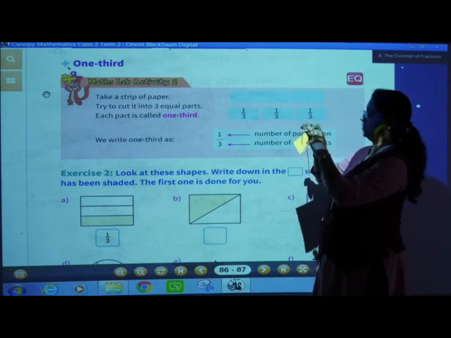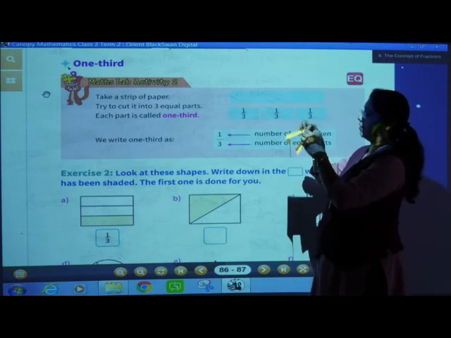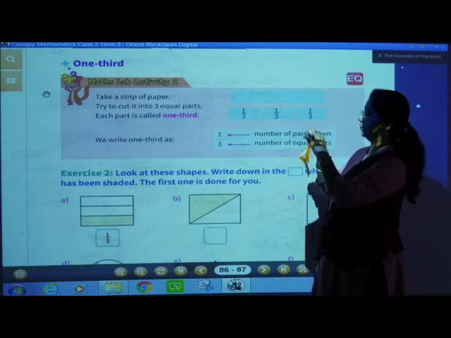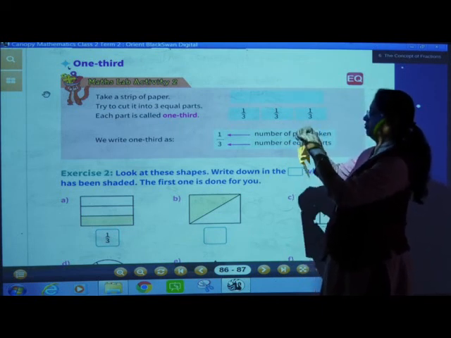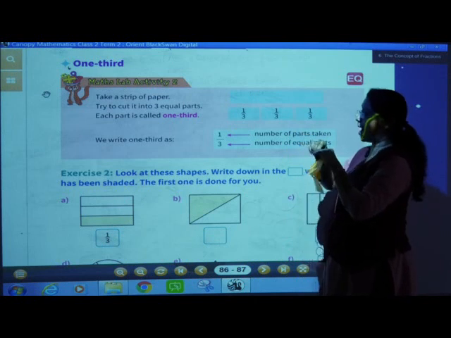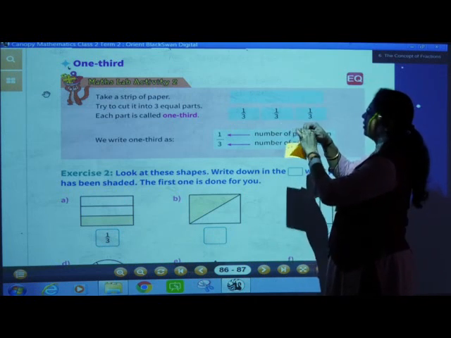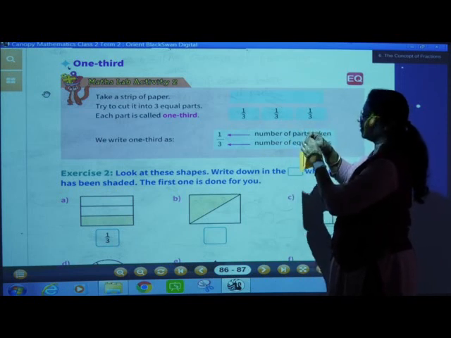See, one part, this is second and this is third. Each part is called 1/3.